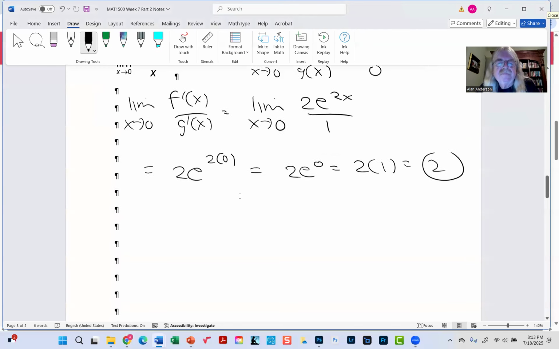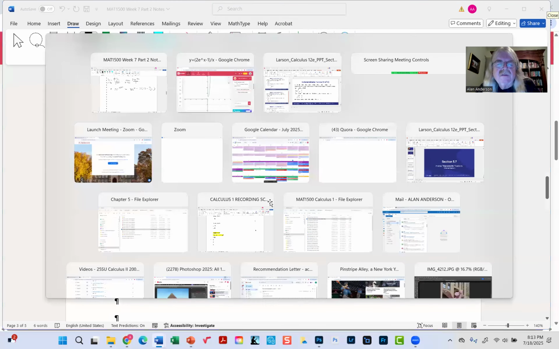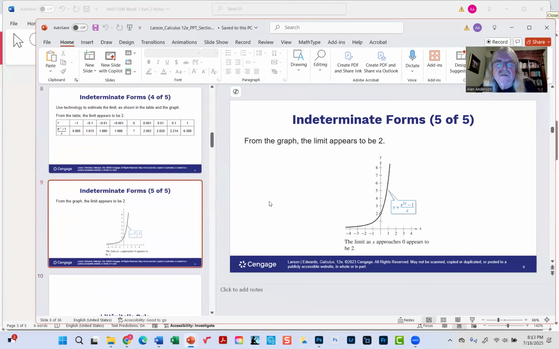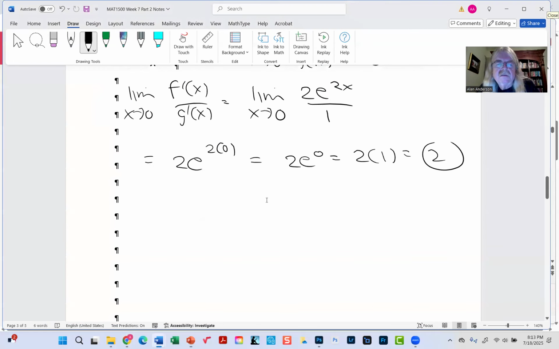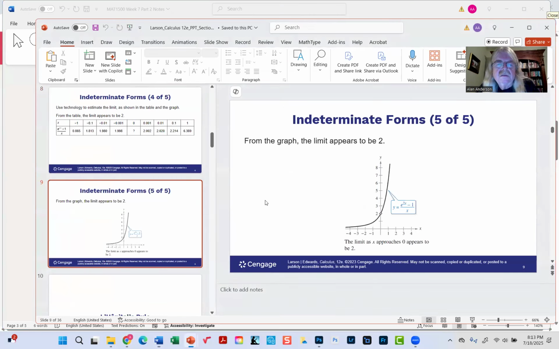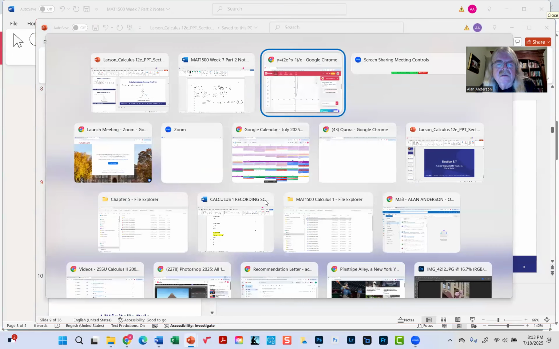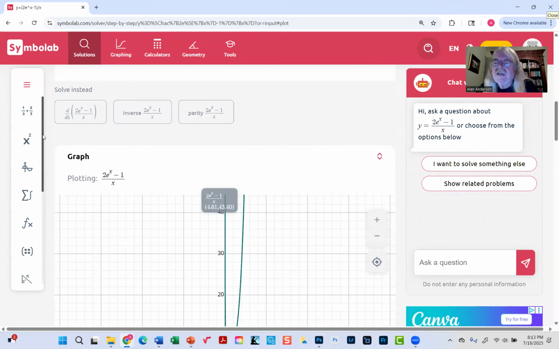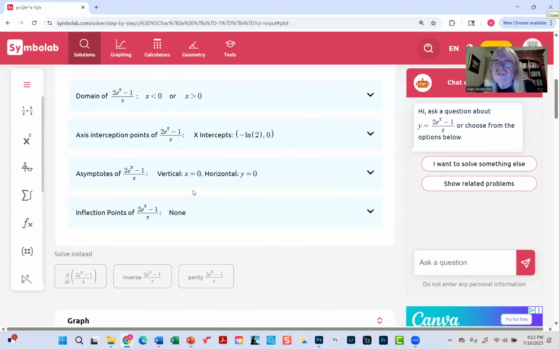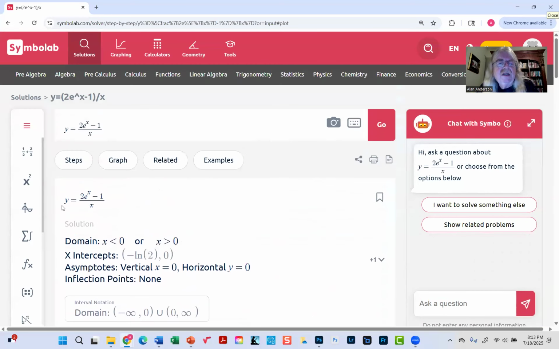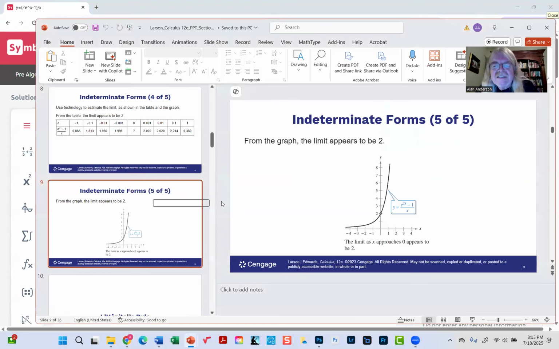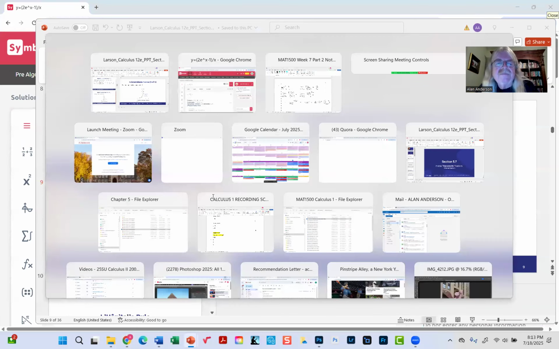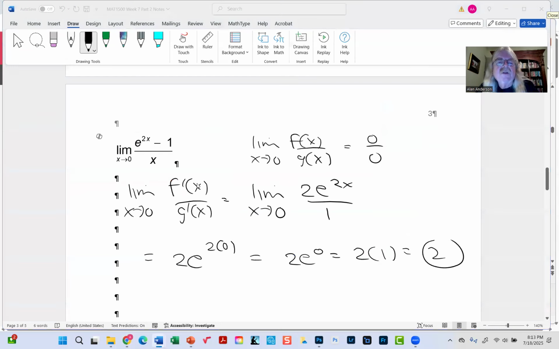Okay. Now what else do they have for us? Oh, I just realized I typed the wrong function. That might be why the graph doesn't even tell us what we should know. My fault. Sorry. e to the 2x minus 1 over x.